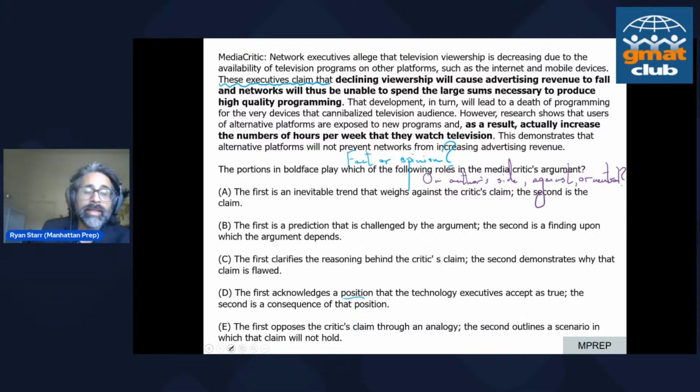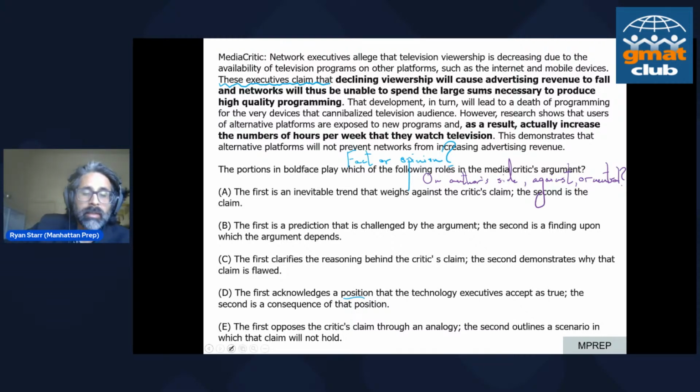Everything else before that is about what network executives believe, but these last two sentences aren't attributed to network executives or anything like that. There's a however, then research shows, then this demonstrates that, right? This is in the author's own voice. And the last sentence is the conclusion.